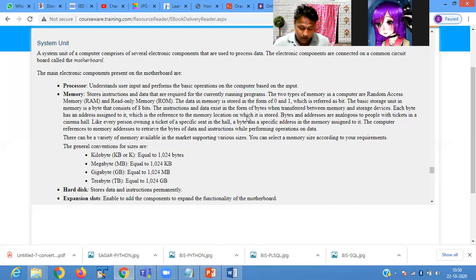The projector is an output device which connects to a computer.